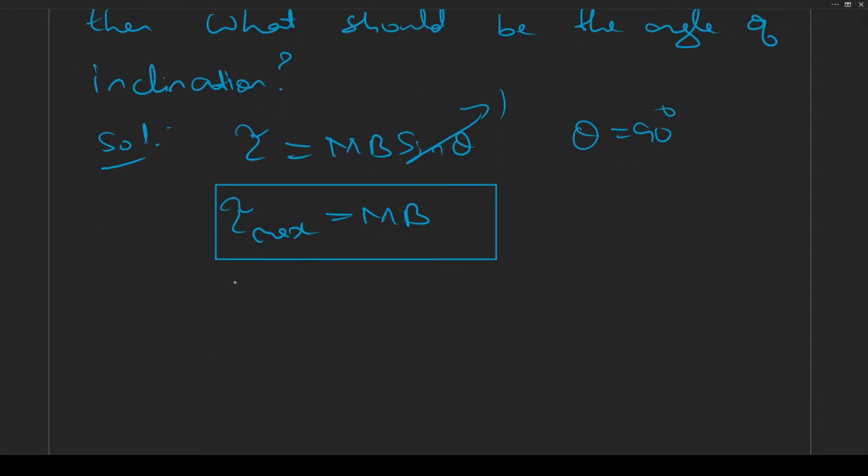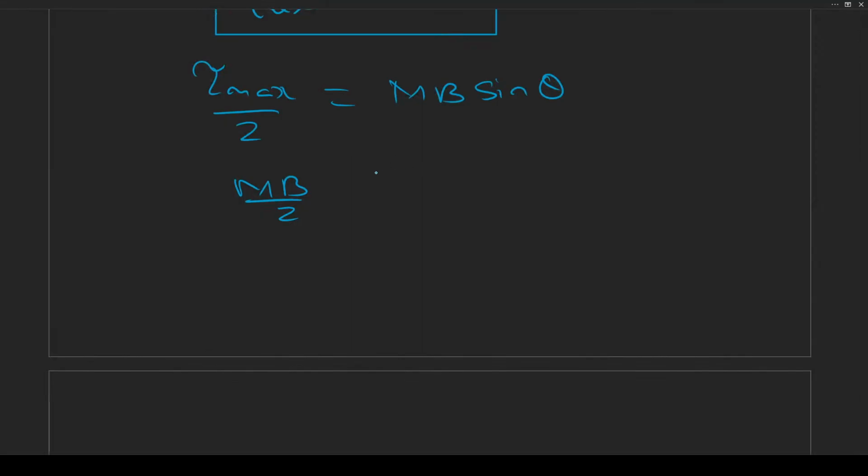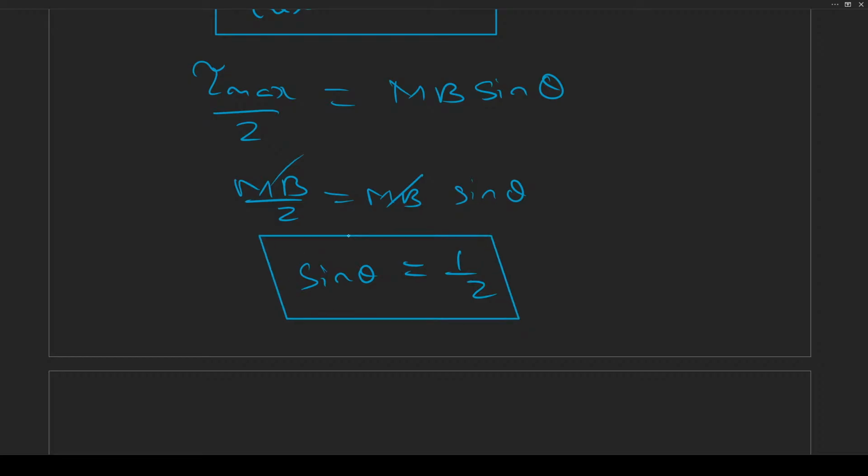If it should be half of its value, tau max by 2, which is mB by 2, equals mB sine theta, so sine theta equals 1 by 2. So theta equals 30 degrees. The magnet should be inclined in such a way that it makes an angle of 30 degrees.